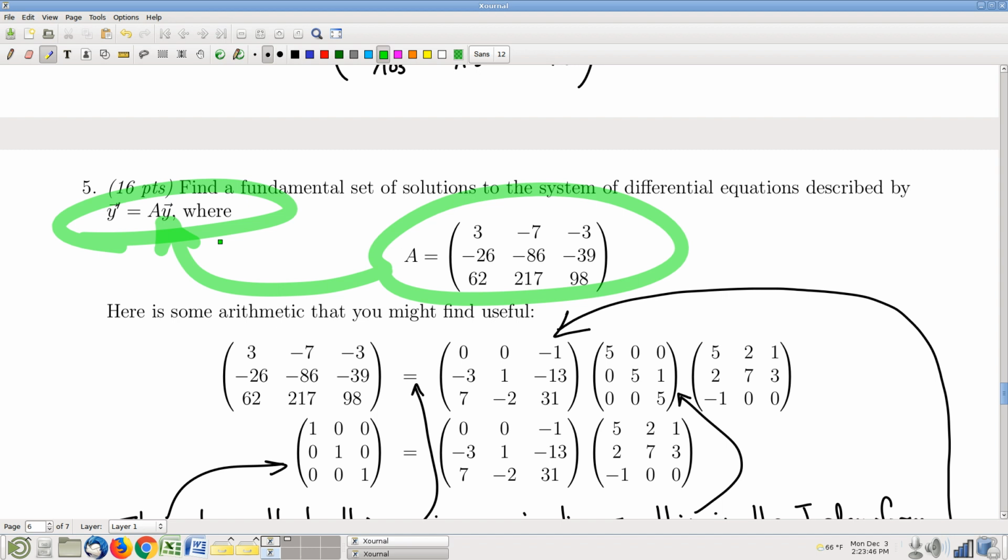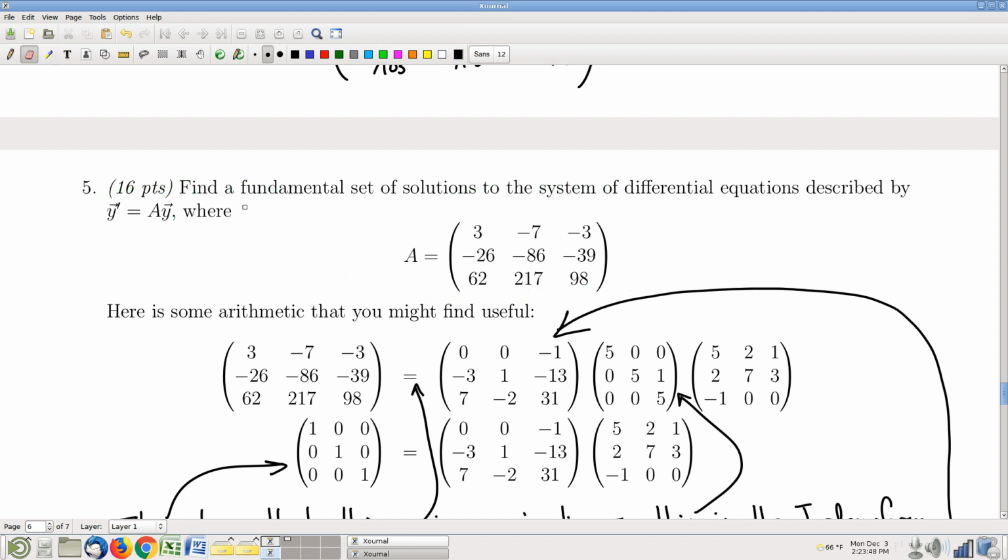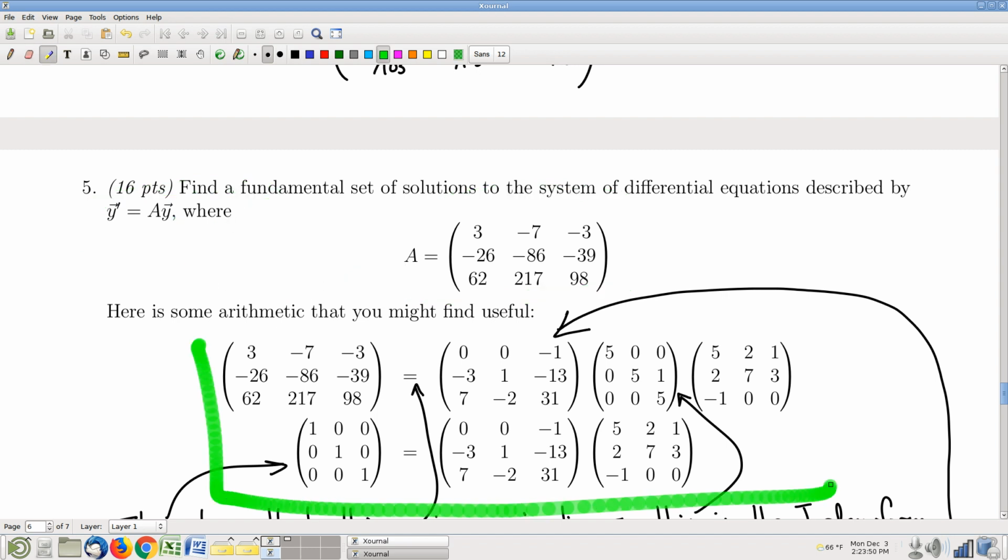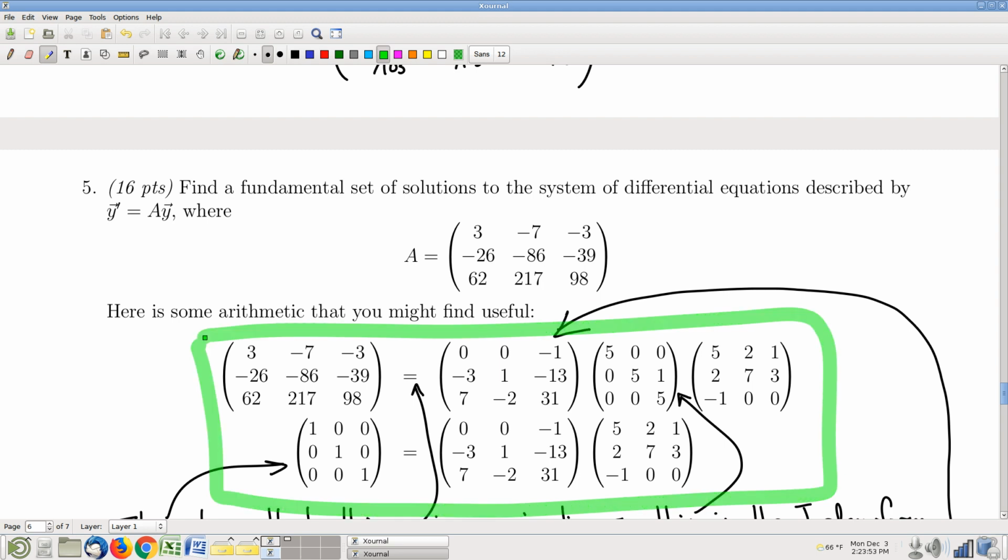There's the matrix A, and I've effectively given you the attempted, the failed diagonalization. I've given you the Jordanization here, in a way that it's not immediately clear which one is which. I didn't give anything a name, either helpfully or unhelpfully. So you've really got to figure it out for yourself from first principles.